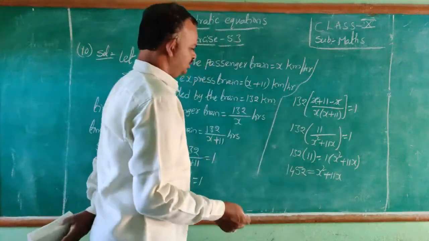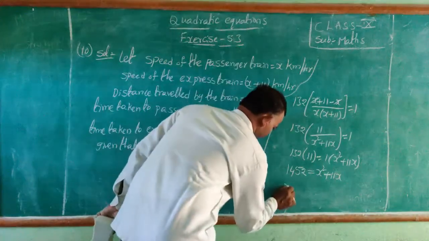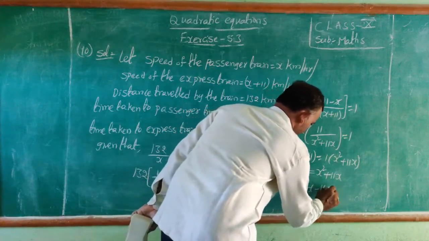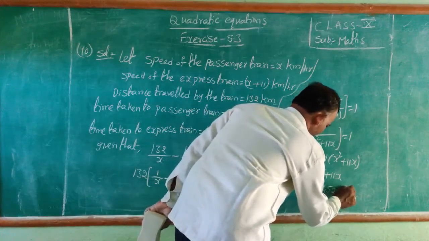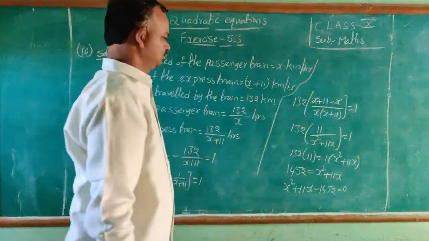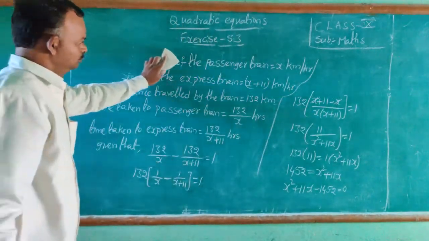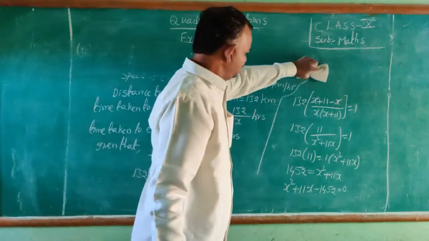Now we have transposed the value. x square plus 11x minus 1452 is equal to 0. Now we factorize the values.